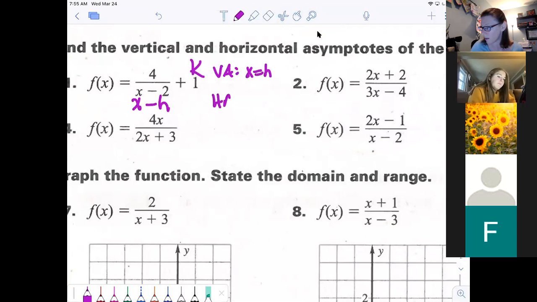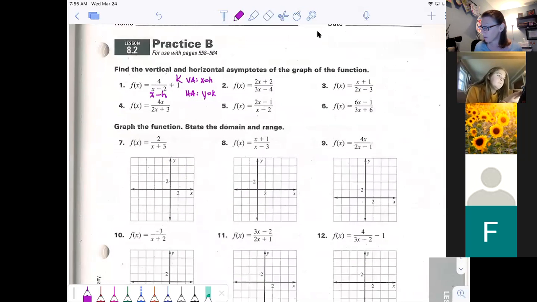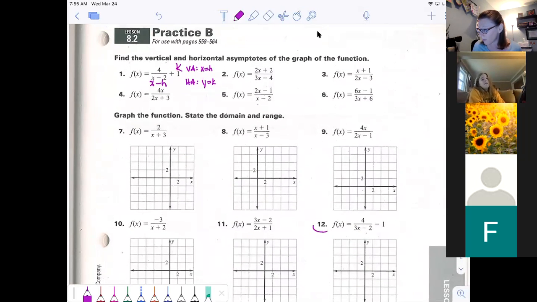The horizontal asymptote is at y, not x, equals k. That's the one that's different. And then if you're looking at those graphs, look at number 12. Maybe circle that one because the graph of 12 is a little different as well than all the other graphs. So these other graphs on here will be like the one we did today.